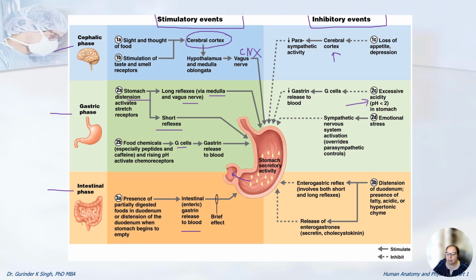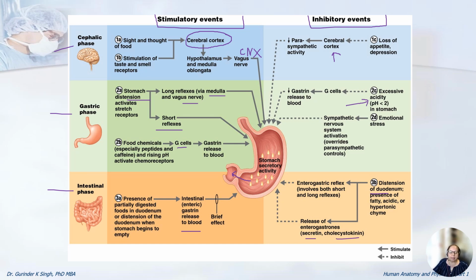Now the third one, in the intestinal phase, is as the duodenum is becoming more and more distended, and there is more presence of fatty chyme, and also more acidic, and also more salt, which is the hypertonic chyme that has entered there. That's actually going to trigger both the short and the long reflexes, and that's going to change the release of what we call enterogastrones, which are secretin and cholecystokinin.